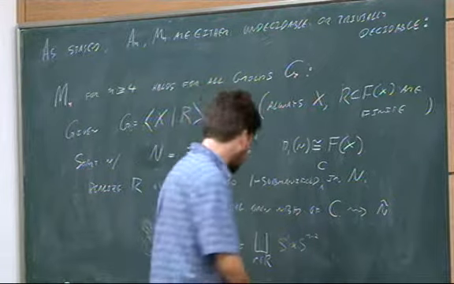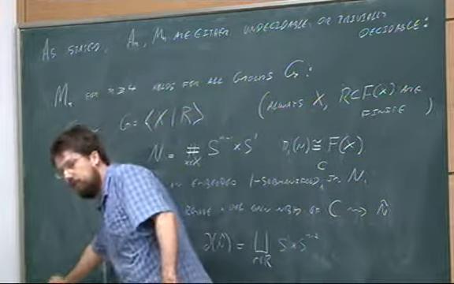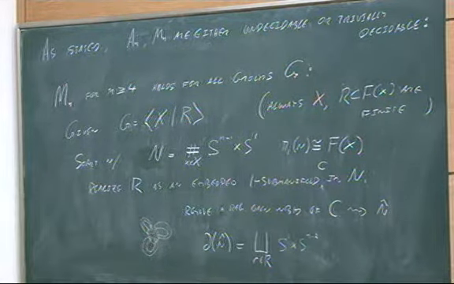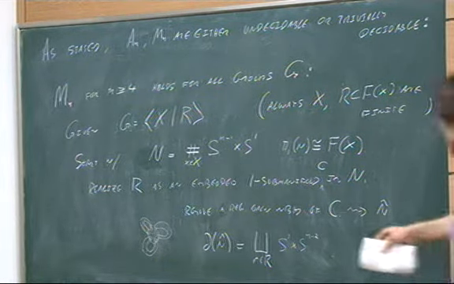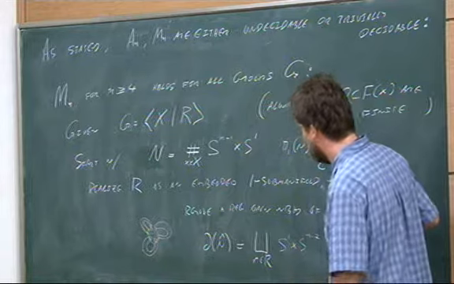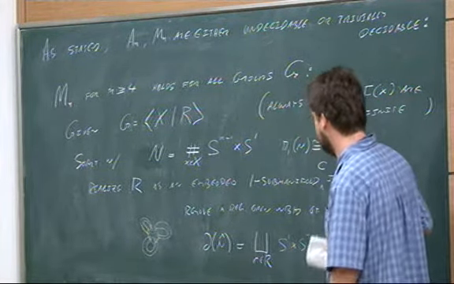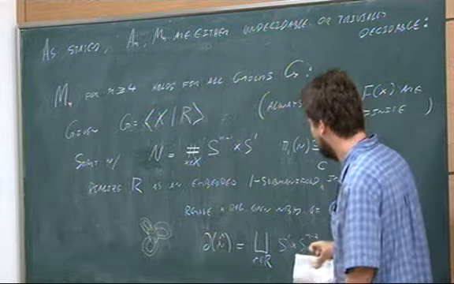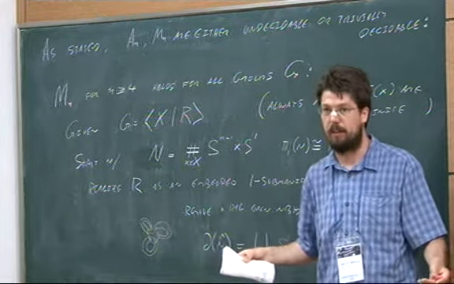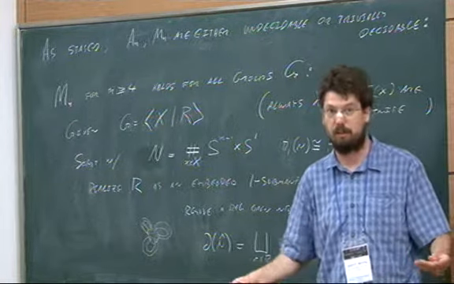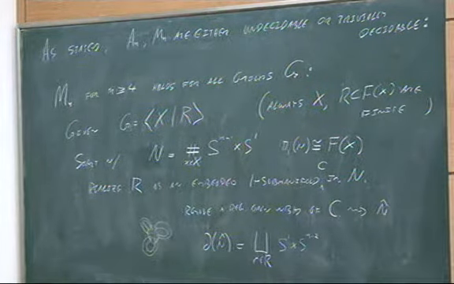And now I just want to glue in some kind of 2-handle to kill that element of the fundamental group. By the way, this is the point: if the dimension is big enough, N hat has the same fundamental group as N. That's what doesn't work in dimension 3. In dimension 3, you have a different fundamental group.